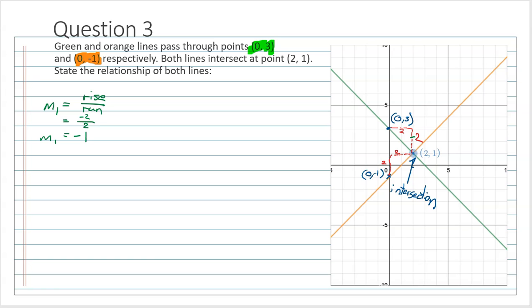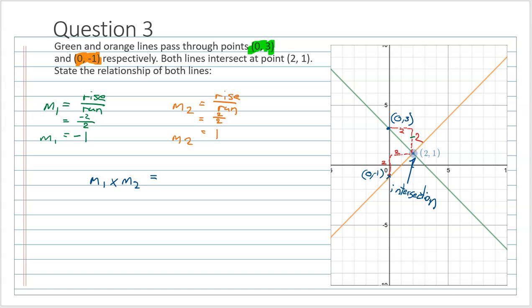Now in orange, we'll say m2 equals the rise over the run. And the rise in this case is we went up 2 steps. And to go up 2 steps, we then went across 2 steps. And therefore m2 equals 2 over 2, which is 1. Now, to check whether they are perpendicular, we're going to multiply the two gradients together, m1 times m2, and see if it equals -1.